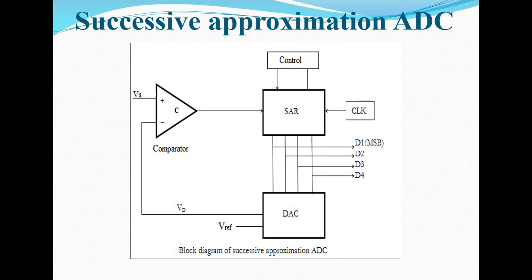Adding these, we get 8 plus 0 plus 2 plus 0, so the summation is 8 plus 2, that is 10. So the decimal equivalent of binary 1010 is 10. This is how a binary value is converted into a decimal value.